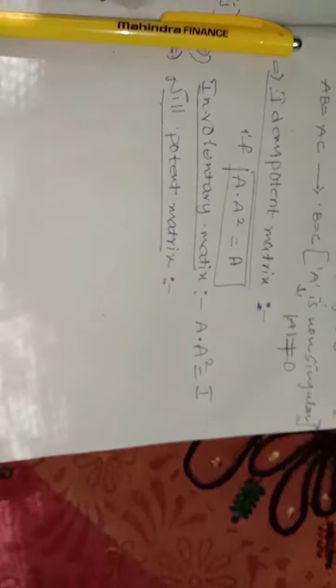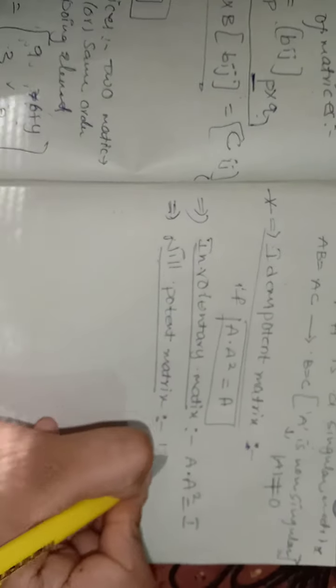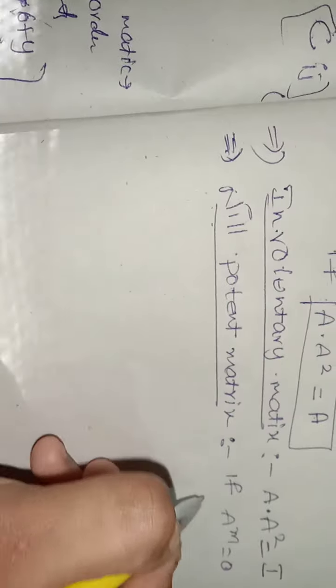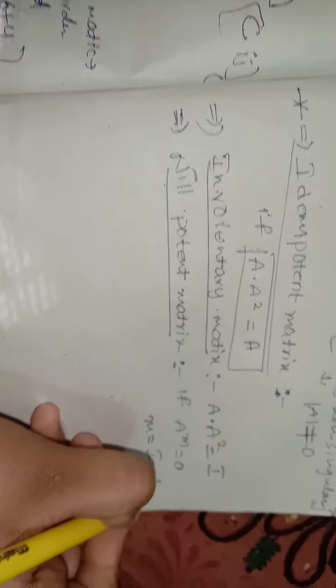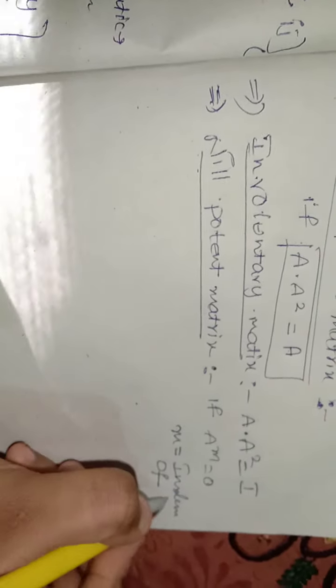They may ask like this, or they may ask directly. What is a nilpotent matrix? I am saying that if A power m equals 0, then I am saying that m equals the index of the matrix.